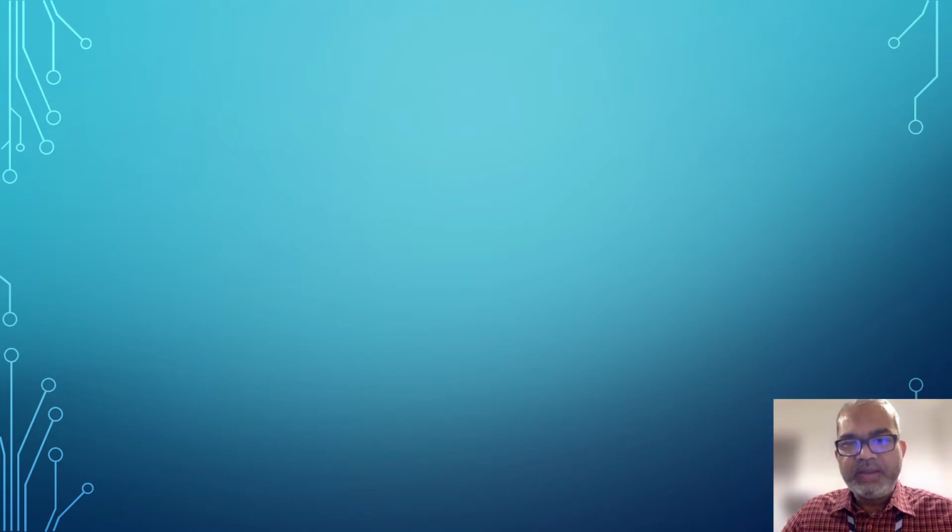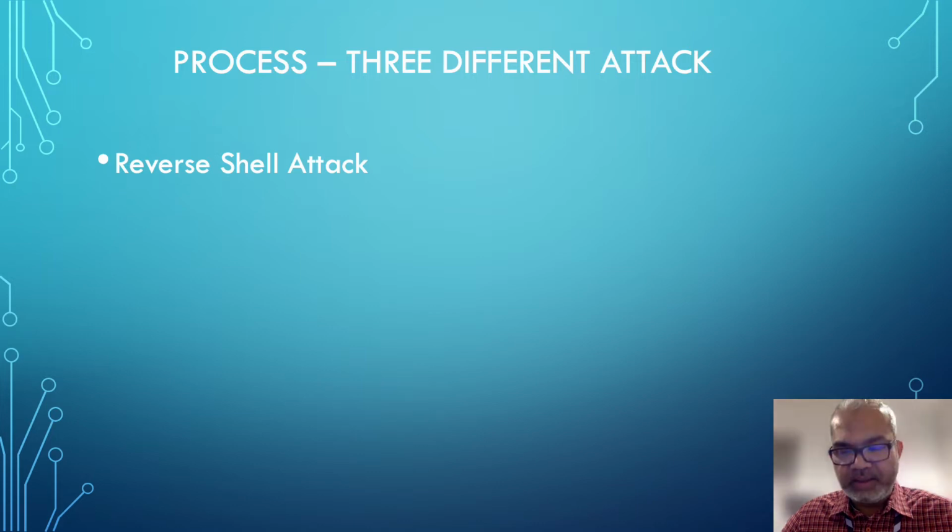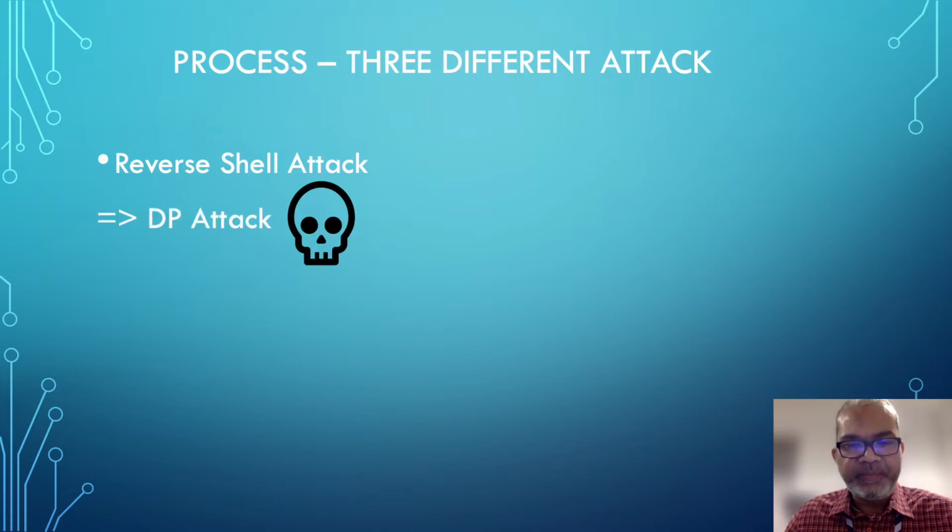To make this Access Lab more interesting and easy to understand visually, I portray those attacks with a short name and a logo. Those are the reverse shell attack, which I called the DP attack, because the idea is taken from the recent Dirty Pipe attack, and the logo is the skeleton of a human face.